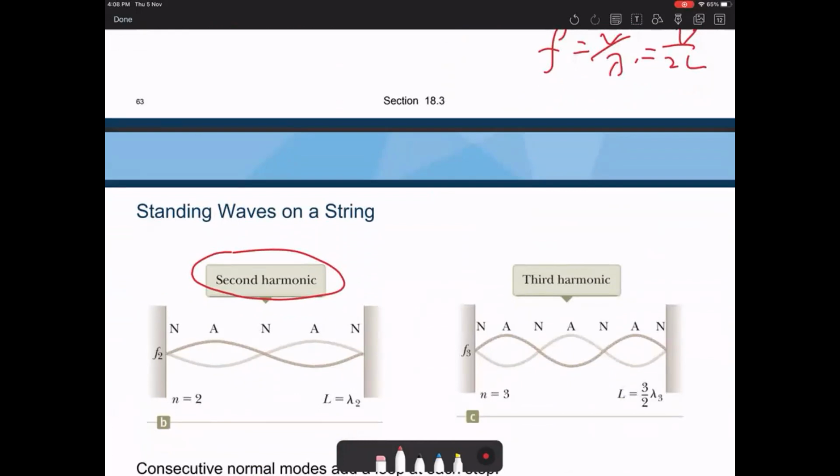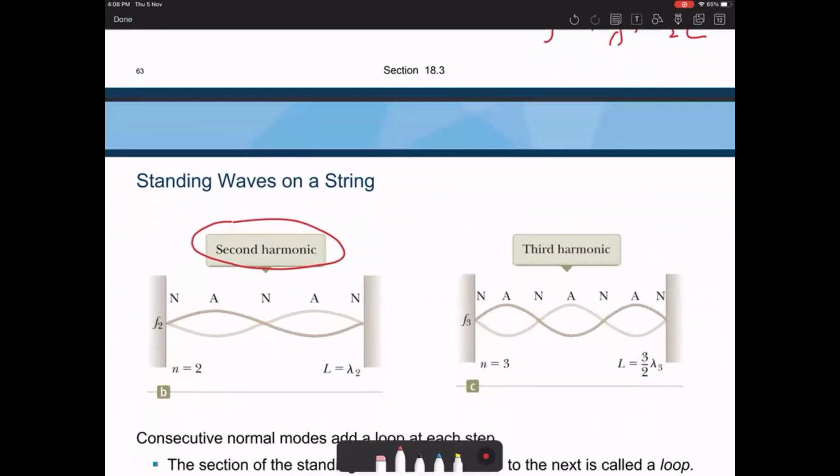And secondly, this is the next simplest scenario. In the previous scenario, there is one anti-node, and in this scenario, you have two anti-nodes. So in between, you would expect another node. To fit the geometry, once again, the distance between two nodes has to be equal to lambda over 2.